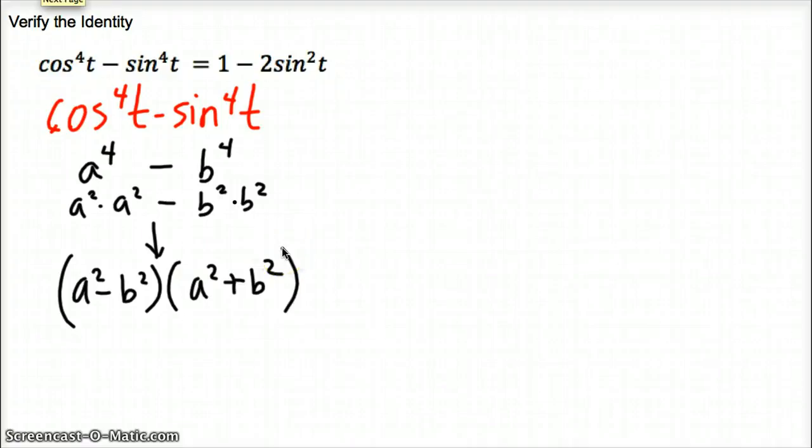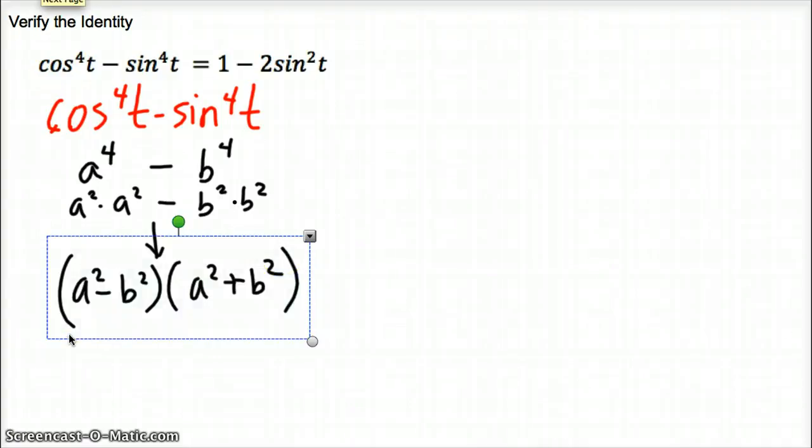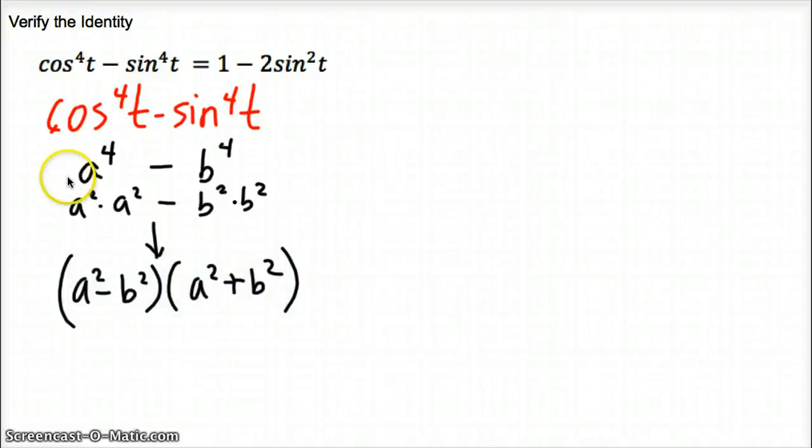Take a look at this one right here and make sure that you agree that it will multiply out to the one up here. Whenever you see the difference of two squares, know that a power of 6 would not be a perfect square, because nothing times itself would give you 6 for a power of 6. So just be careful and don't overgeneralize.